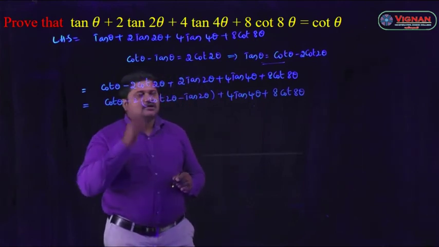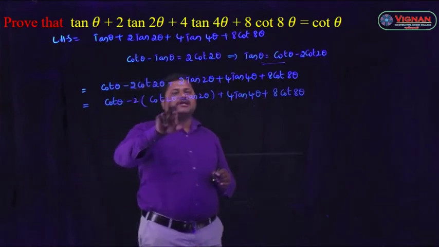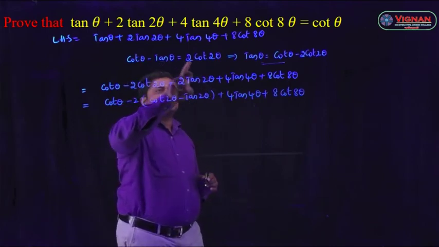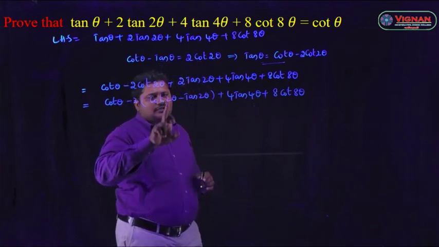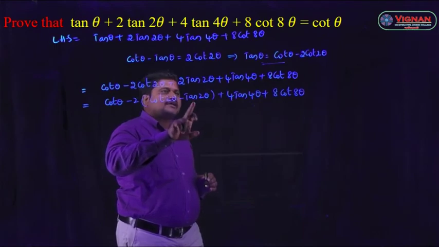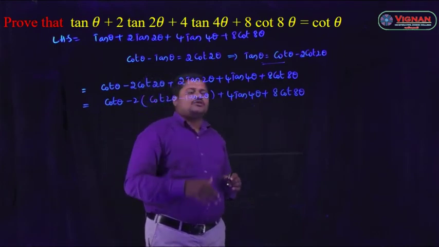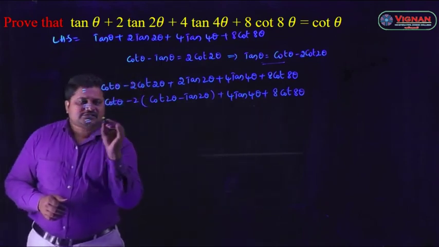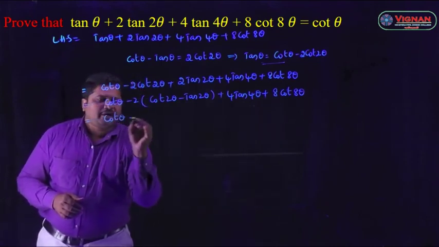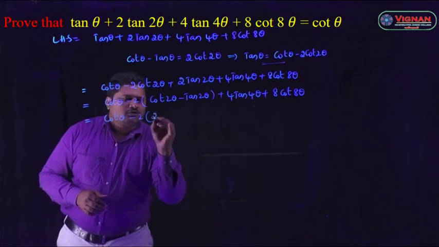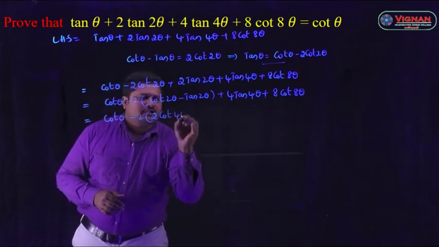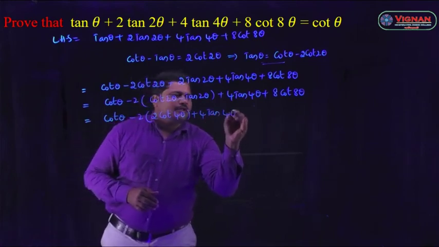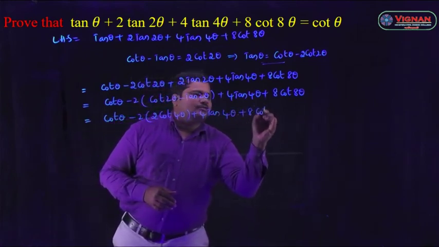Here also the formula occurs: cot 2 theta minus tan 2 theta is equal to 2 cot 4 theta. We get 2 cot 4 theta. That's why you can write cot theta minus 2 into 2 cot 4 theta plus 4 tan 4 theta plus 8 cot 8 theta.